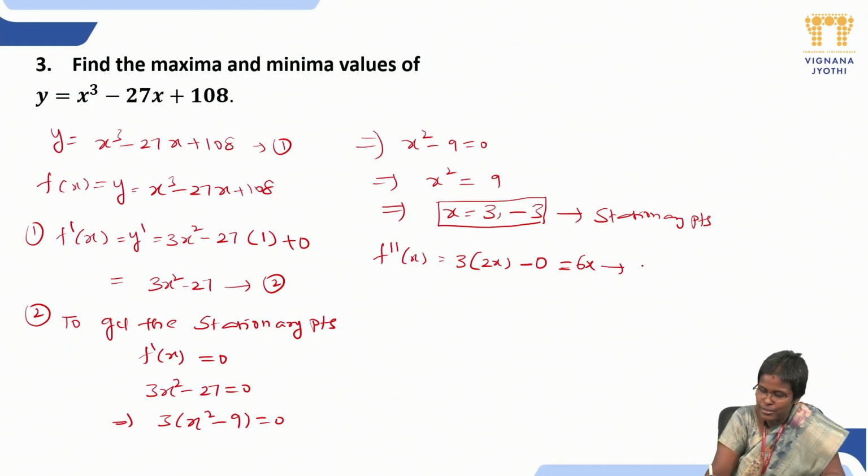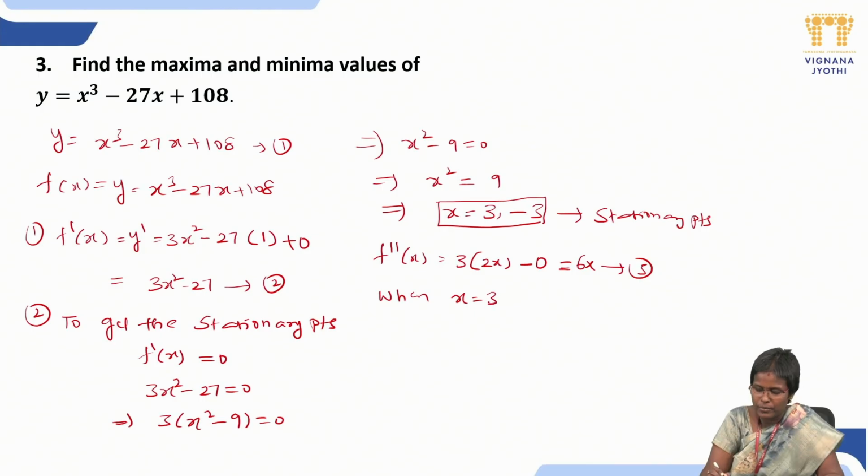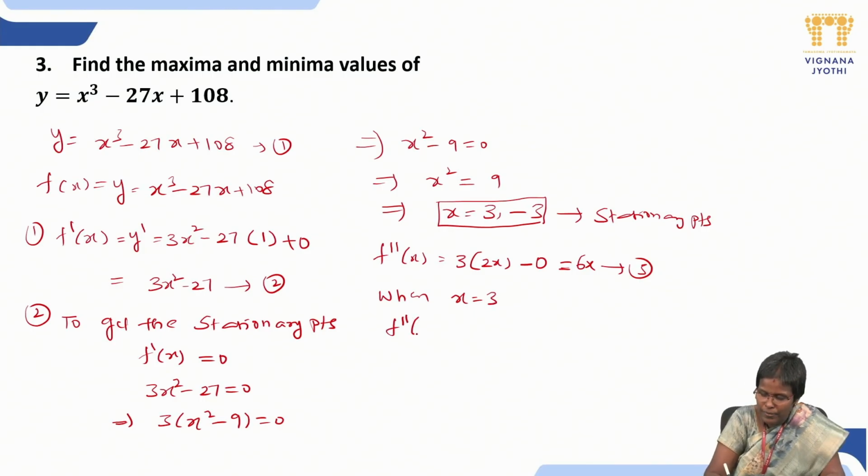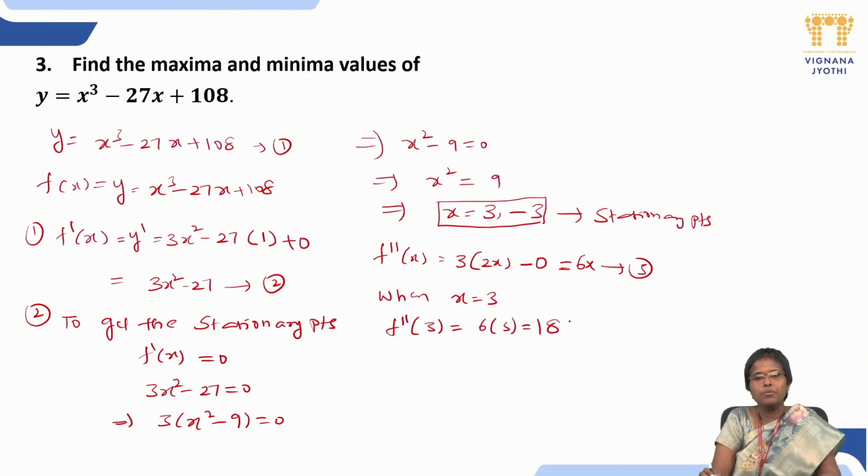Now, let us substitute. When x = 3, what is the value of f''(3)? That is 6 into 3, which is 18. Now, observe here, whenever we substitute the point in the second derivative, what value are we going to get?